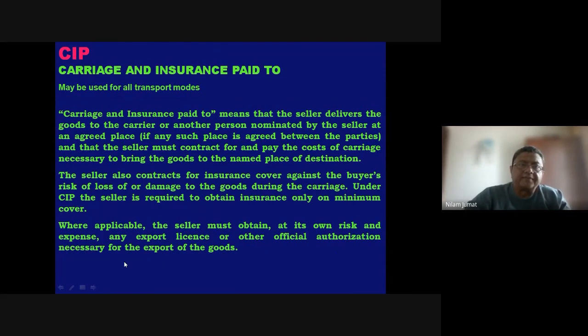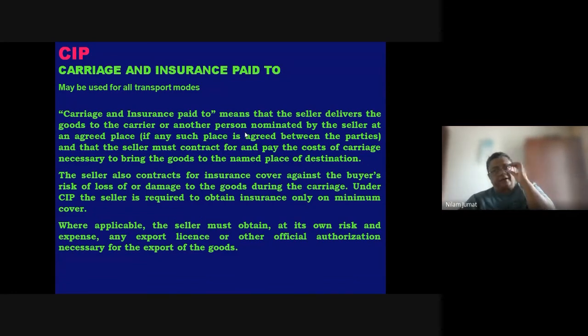That finishes that. Then Carriage and Insurance Paid To. What does this mean? Same, a little small difference. Now in FCA, the delivery point is the Gampaha container, and he does not pay the freight. Then you can cover insurance, no? From Gampaha right up to Riyadh, anything can happen, so you can have insurance cover, right?